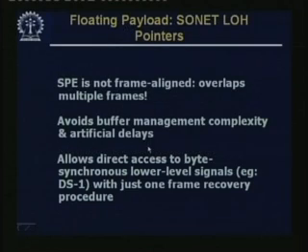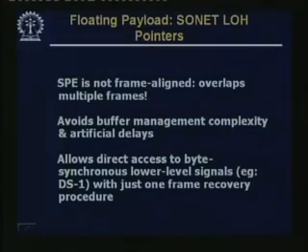So, the SPE is not frame aligned, it overlaps multiple frames. This avoids buffer management complexity and artificial delays. So, whenever there is something to send, you can just send it in that envelope and put the pointer in the LOH. That LOH will point to the first byte of the SPE. It allows direct access to byte synchronous lower level signals, for example DS1, with just one frame recovery procedure.